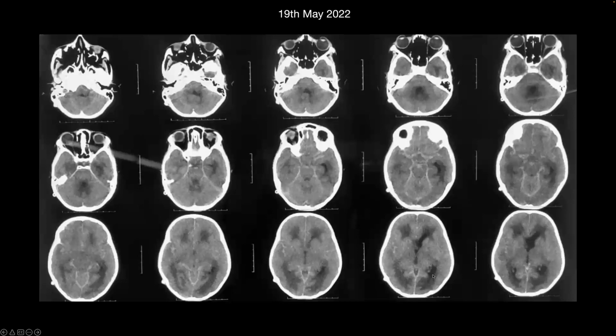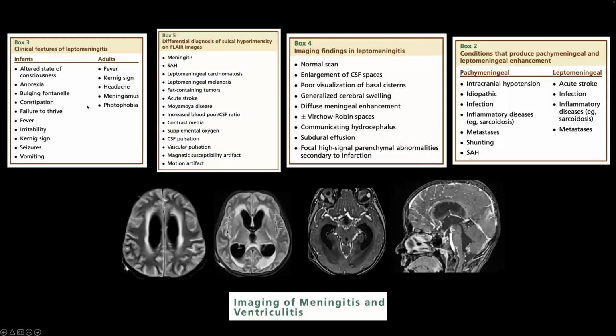So based on the imaging findings, at least, I wouldn't go into the clinical features, but for the sulcal hyperintensity, these are the differentials, with infection being the most common differential. The leptomeningitis, which is seen in our case, as these are images from our case, and also conditions causing pachymeningeal and leptomeningeal enhancement. For predominant leptomeningeal enhancement, we must think of infection and inflammatory disorders.